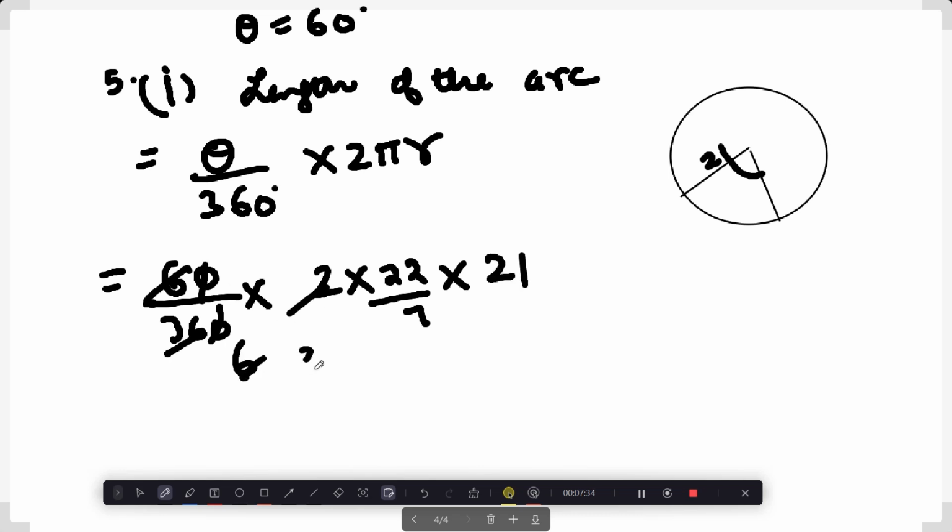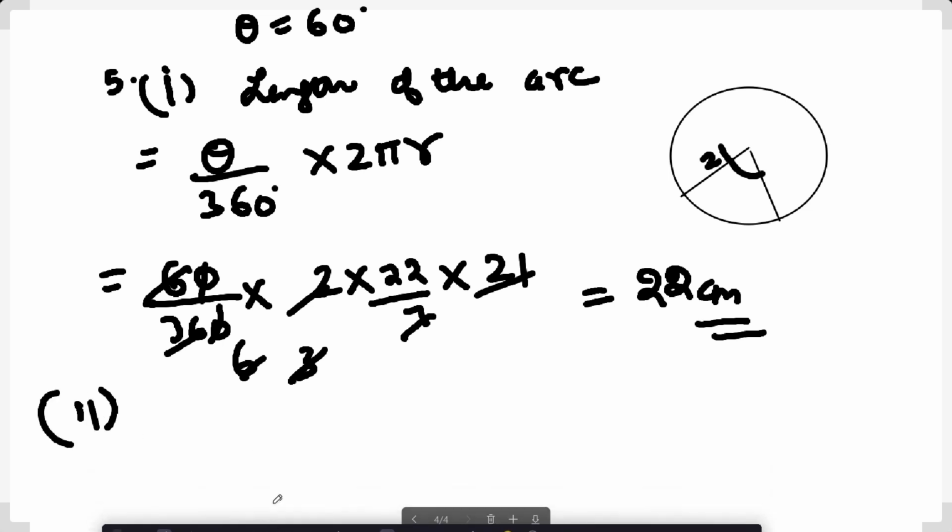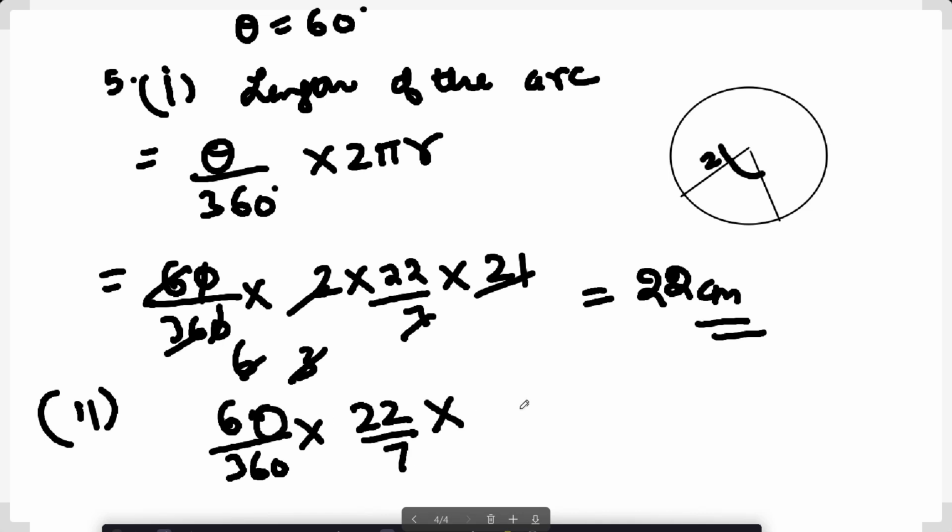6 are, 3 are, this. Second part. Area of the sector, which is again theta by 360 into 22 by 7 into r square, 21.